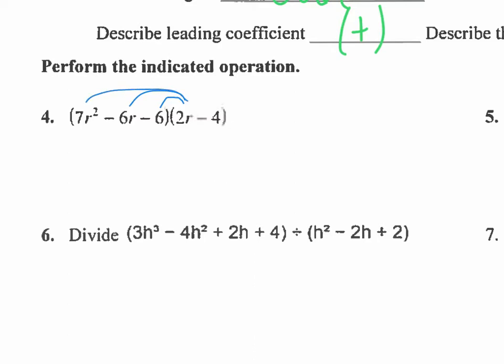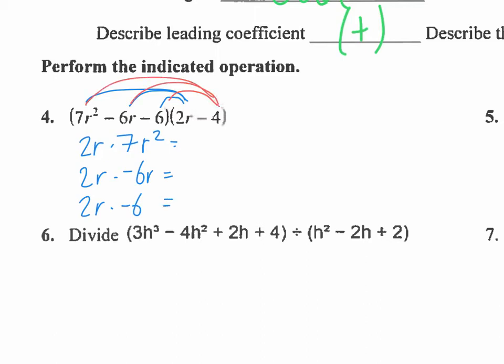I'm going to multiply 2r times 7r squared, 2r times negative 6r, and 2r times negative 6. And then the second one, 4 to distribute to everything: 4 times 7r squared, 4 times negative 6r, 4 times negative 6.